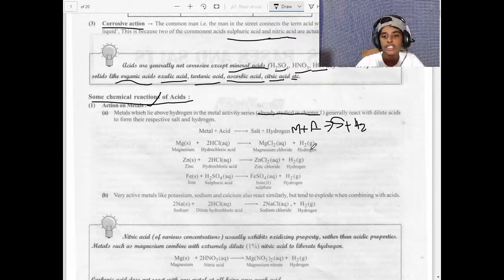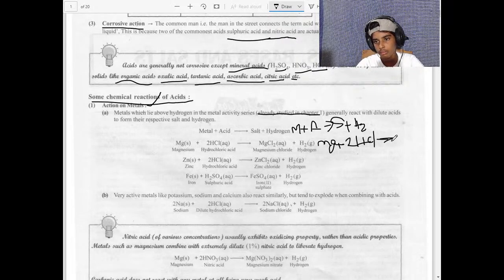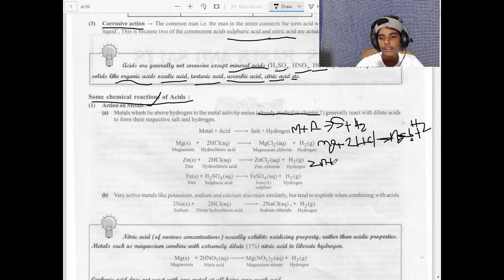Next, magnesium, Mg, plus 2HCl, hydrochloric acid, it will give MgCl2, magnesium chloride, plus hydrogen. Next, zinc, Zn, plus 2HCl.